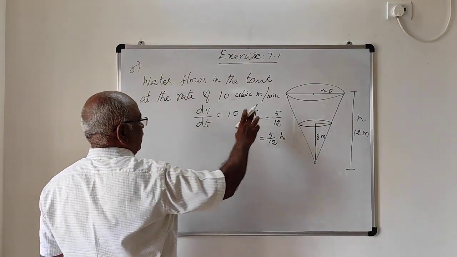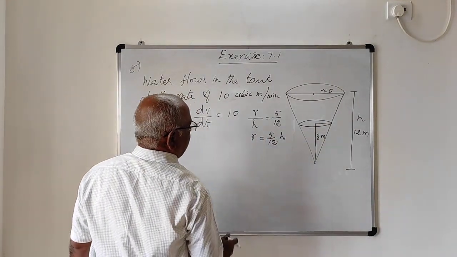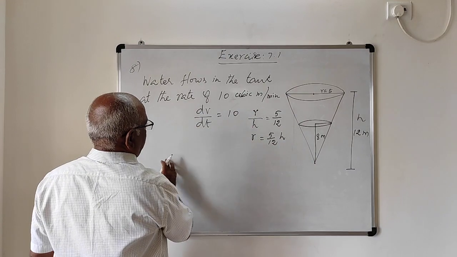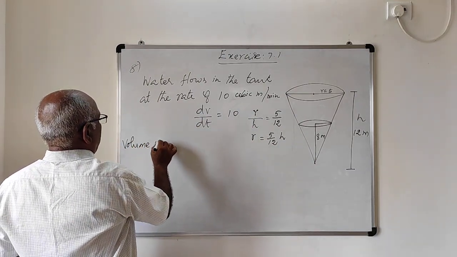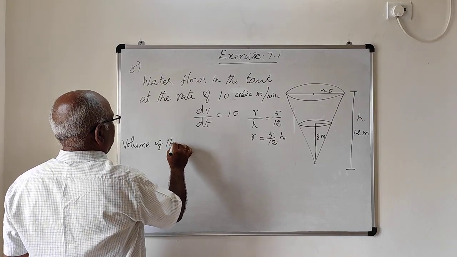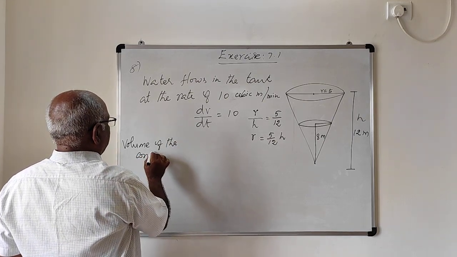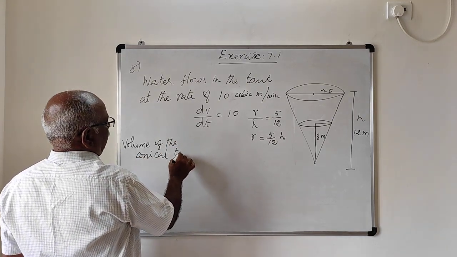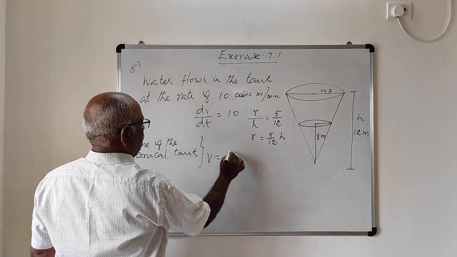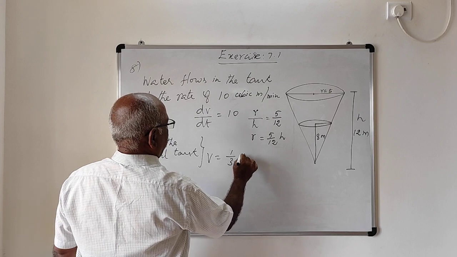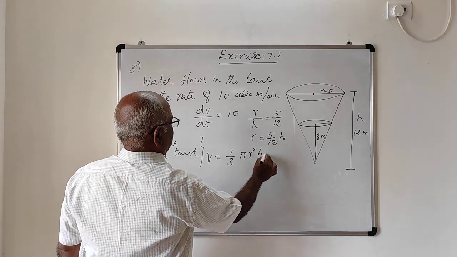So the volume of the conical tank, V equal to 1 by 3 pi r square h.